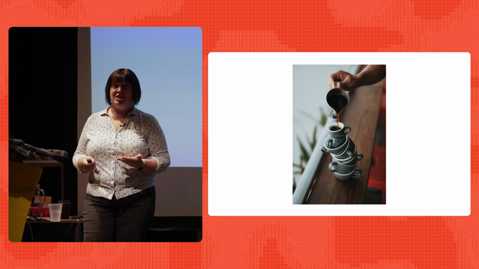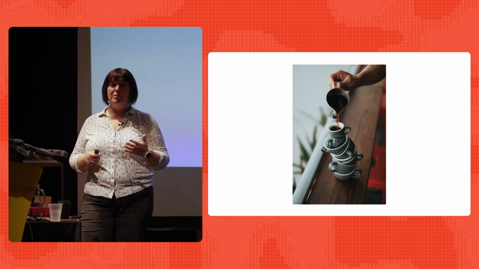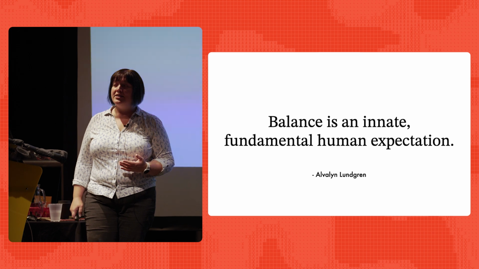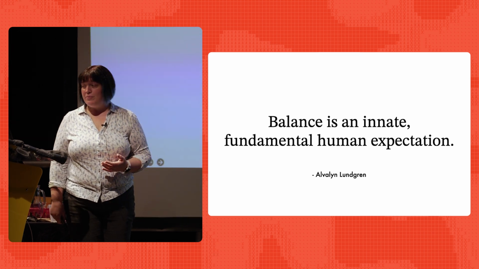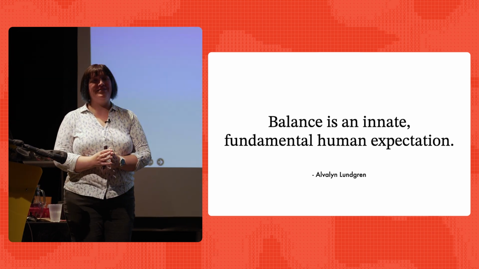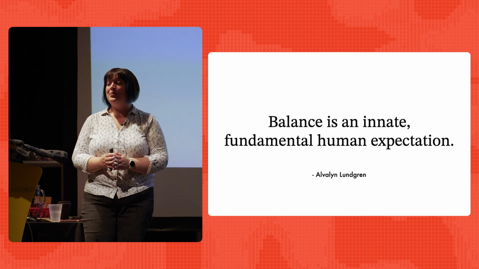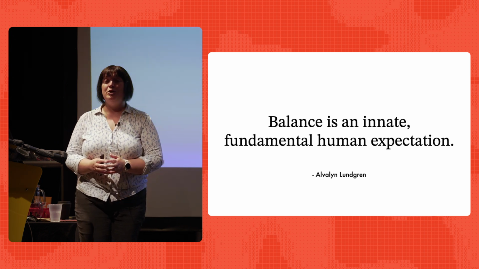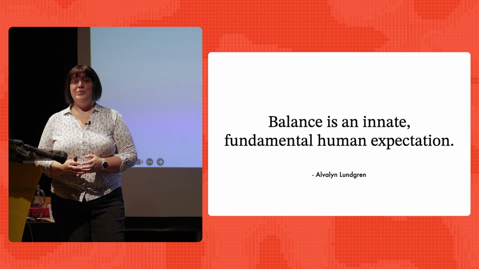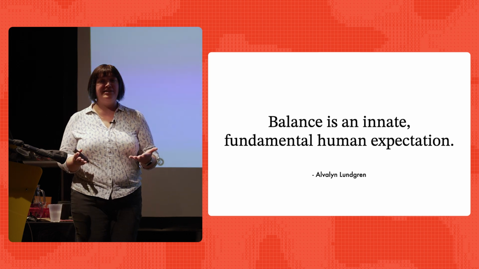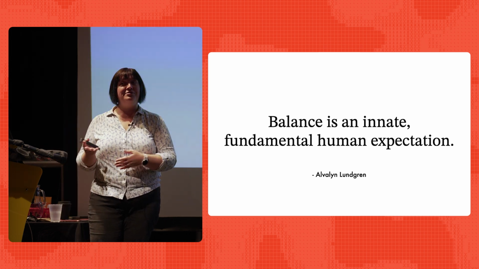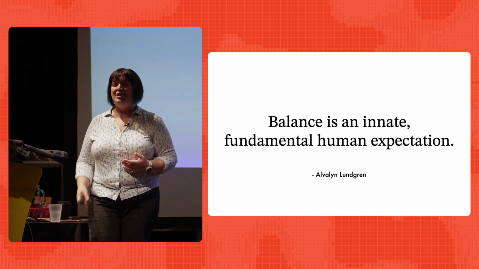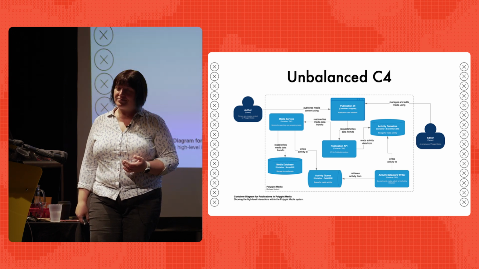Now humans actually really quite like balance and symmetry. There's a good quote here by, I'm not going to try and pronounce her name, I'll just get it wrong. But balance is an innate, fundamental human expectation. So if you can give somebody something balanced, they're going to like it more. And if you're trying to convince someone of something, then you want them to like what you're showing them.